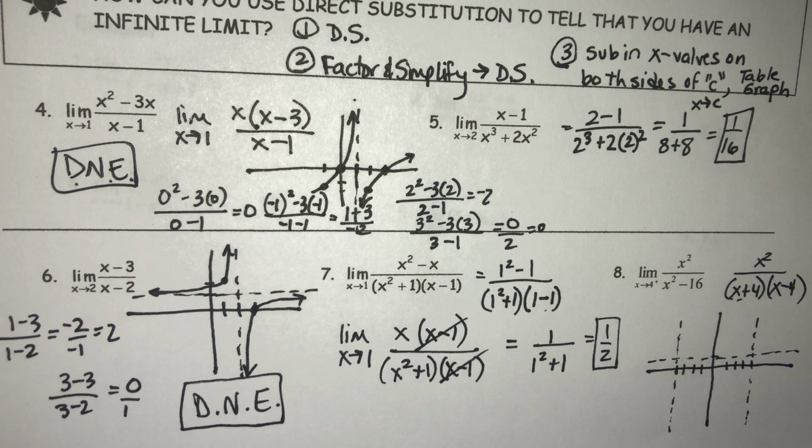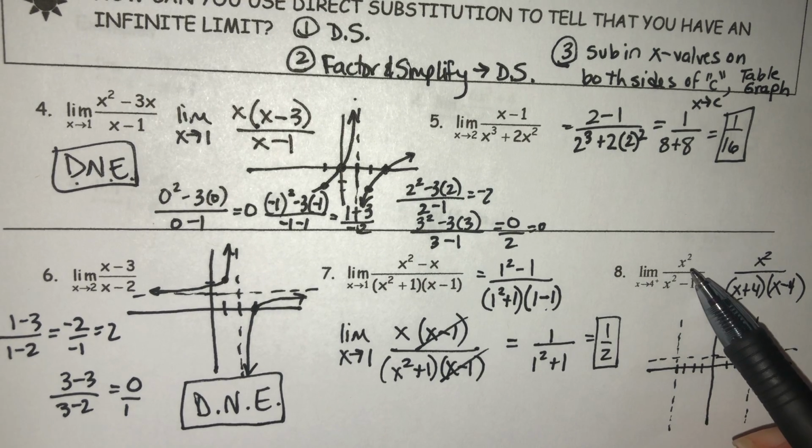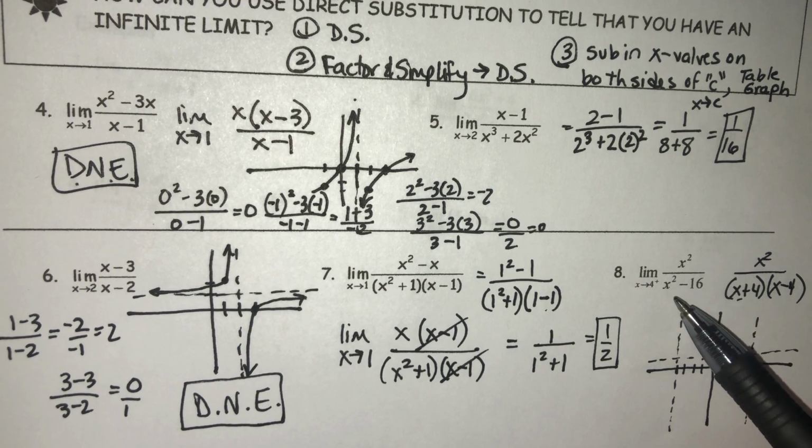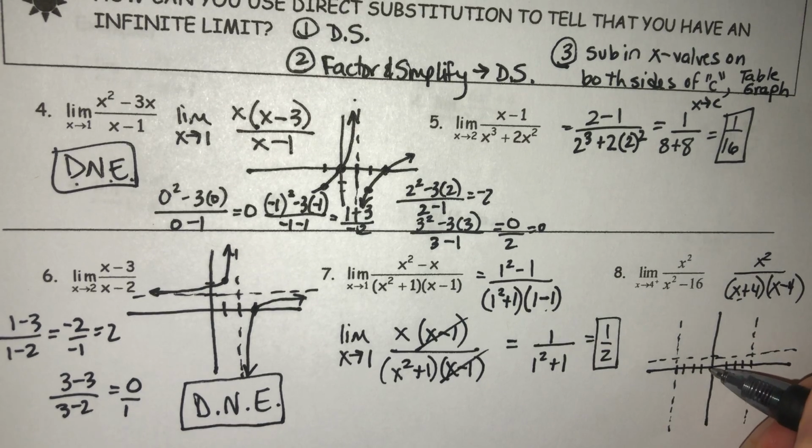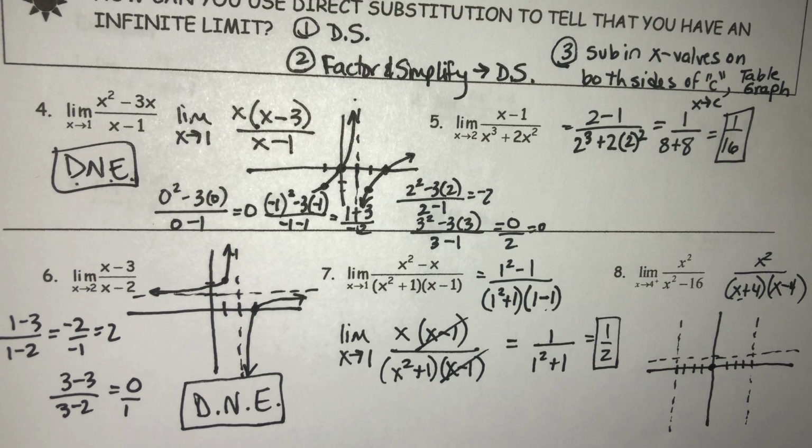Let's see, what if I plug in 0? 0 would be my numerator, and negative 16 would be my denominator, but 0 divided by negative 16 is 0. So we are going to cross at the origin. What if I substitute in a 1? 1 on the numerator, and then 1 minus 16 is negative 15.